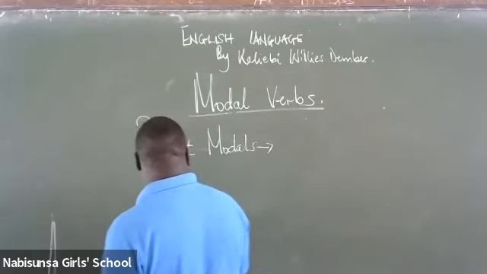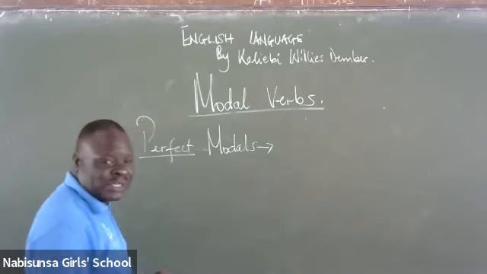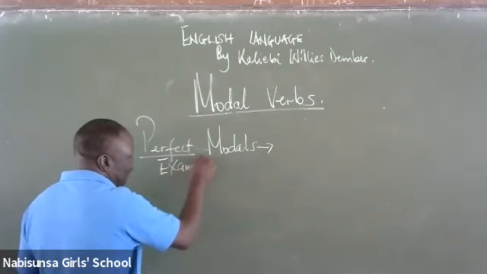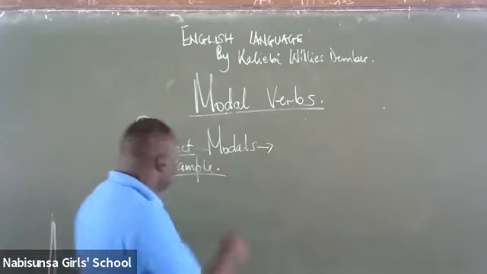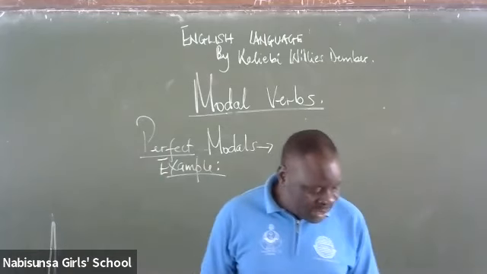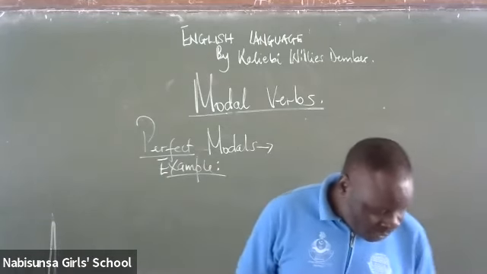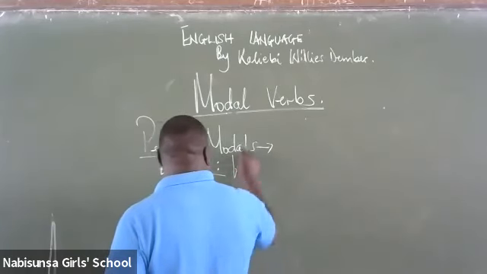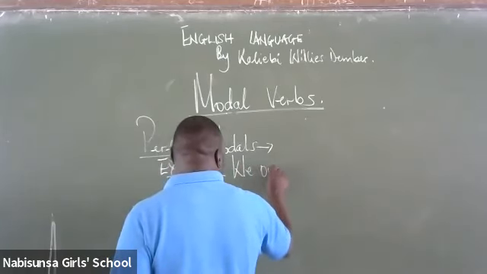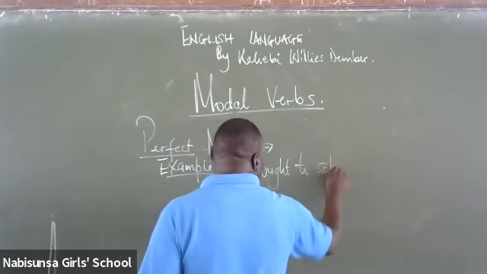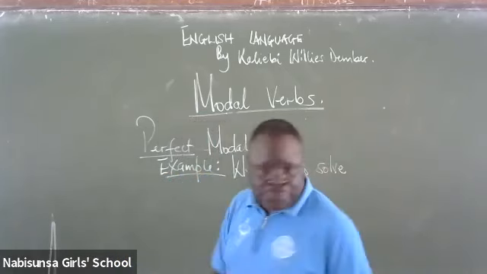And we are giving an example of a sentence. I want you to write. The sentence is, we ought to solve the problem of pollution in our country. Full stop.